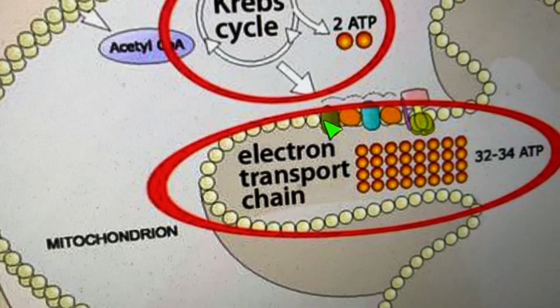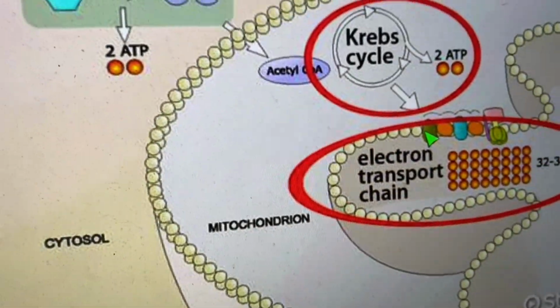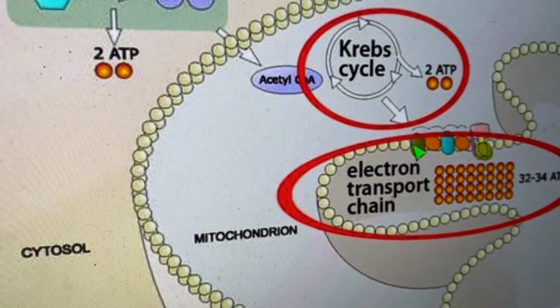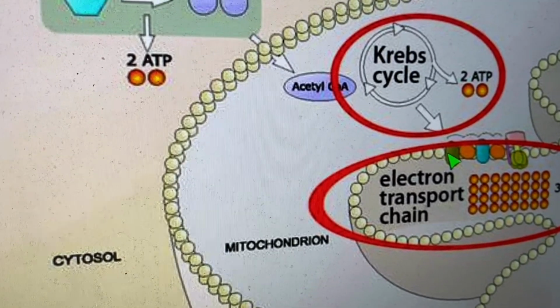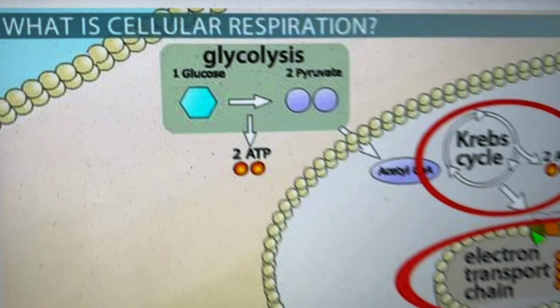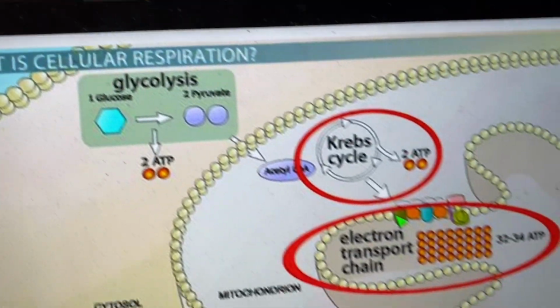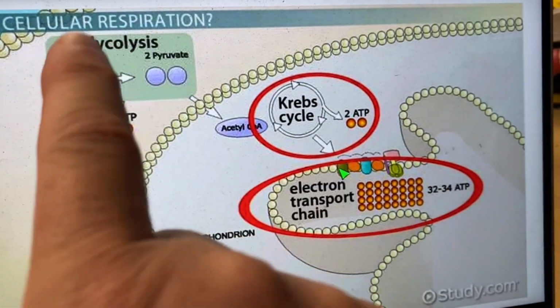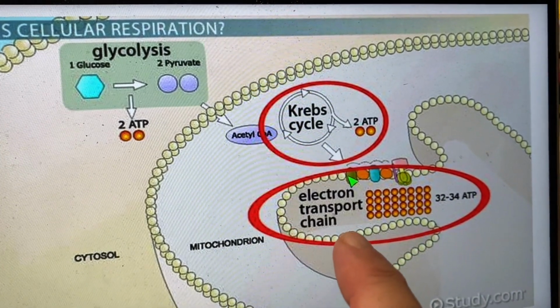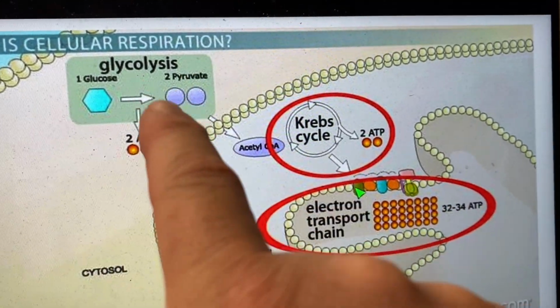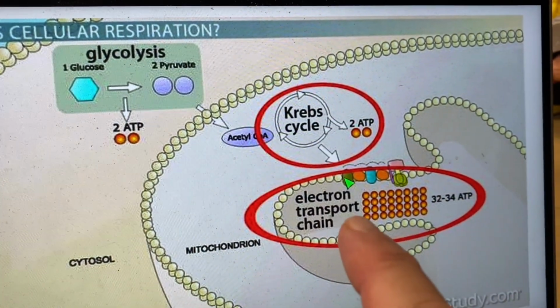So that's a net of like 36 to 38 ATPs if you do all 3 steps. That's where you get your energy from. Glucose, and you run through what's called cellular respiration. 3 steps: glycolysis, Krebs cycle, electron transport chain. That's cellular respiration in a nutshell, but of course there are exceptions, and we'll talk about those later.